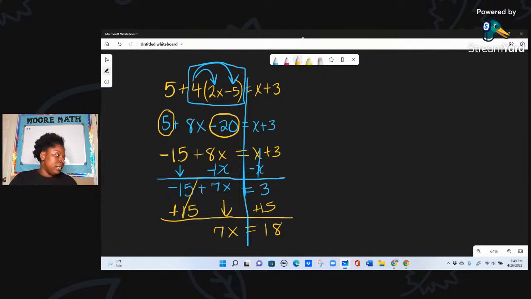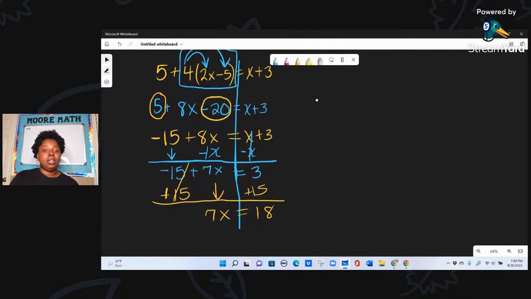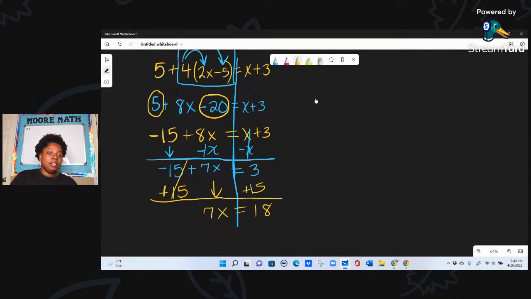I know it's going to come out ugly. I just made it up off the top of my head. Then we have to solve for x, divide by 7 on both sides, and x equals 18/7. You can leave it like that. You can turn it into a mixed number if you want to, but we can leave it.